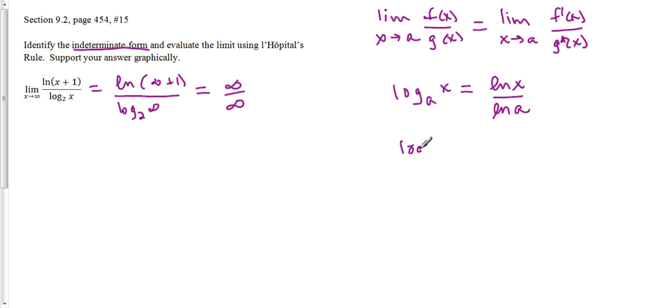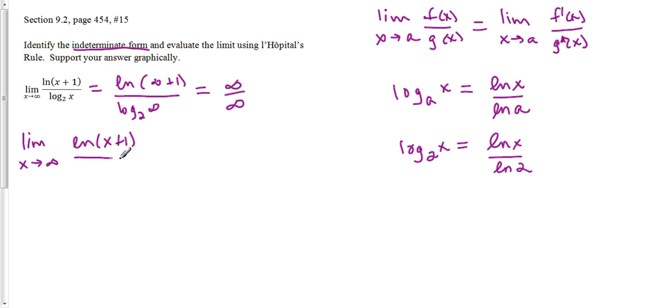So here, where we have log base 2 of x, this is going to give us the natural log of x over the natural log of 2. And I'm going to substitute that in because it's going to make it easier for me to take my derivatives. So I'm going to have the limit as x goes to infinity of the natural log of x plus 1 divided by the natural log of x divided by the natural log of 2.